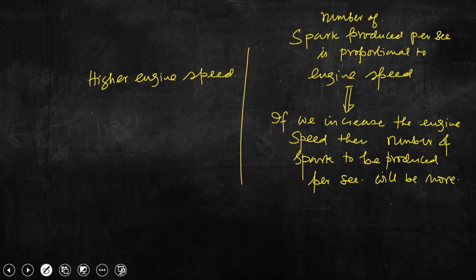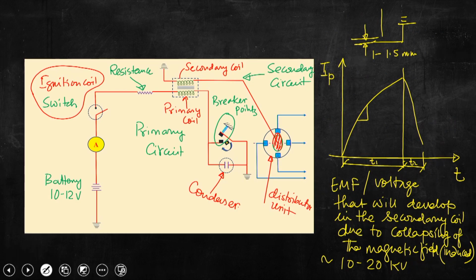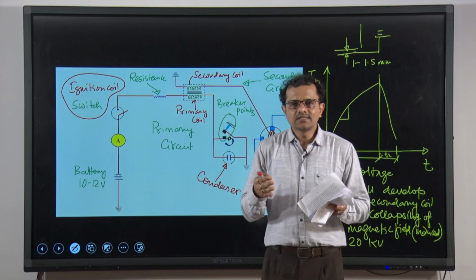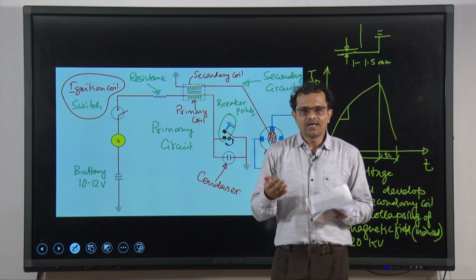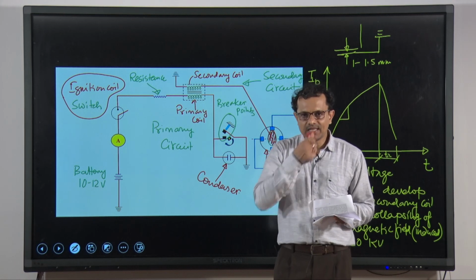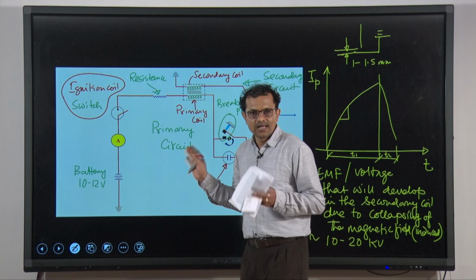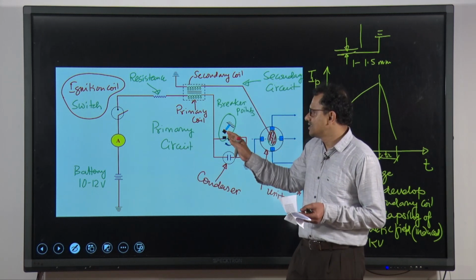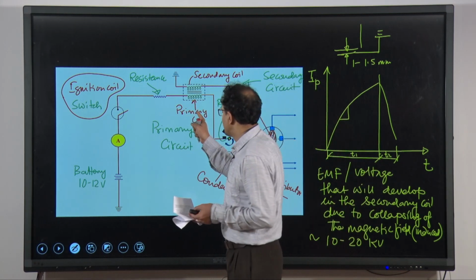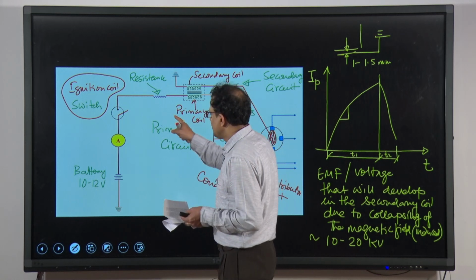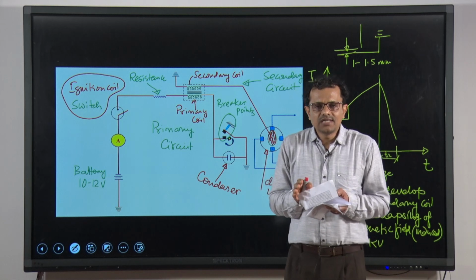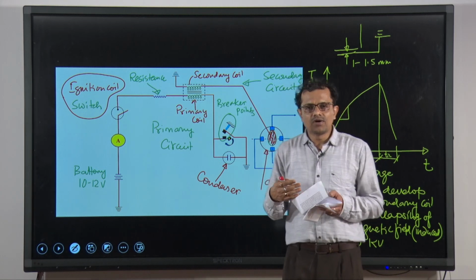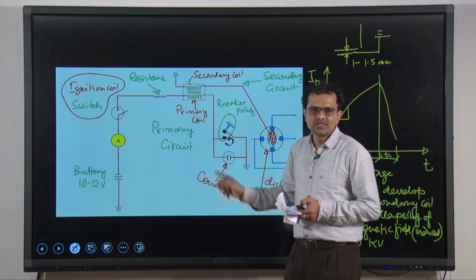So, basically the question is, if we look at this battery ignition coil, it is okay so long as the engine speed is low. If the engine speed is not very high, say for example up to 3000 rpm, this particular ignition coil is reliable and cost effective, because in this circuit we have the primary coil, the distributor cam, a resistance, and breaker points, but we do not see any very costlier element or component attached to the circuit.